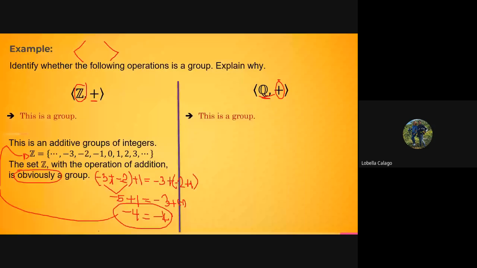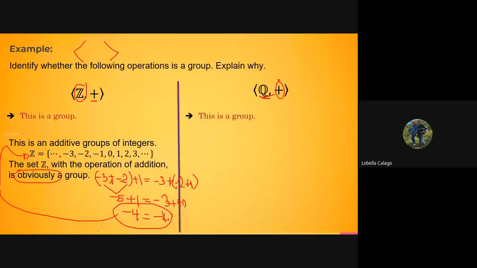There must be an identity element. Ano ang identity element ng addition? We all know that the identity element of addition is 0, since any number plus 0 is still that number.